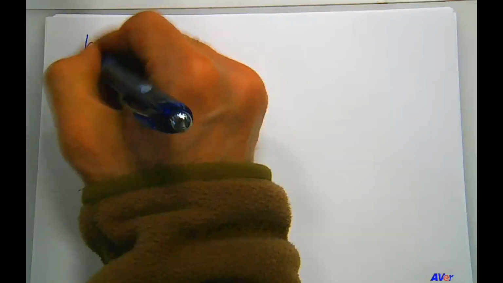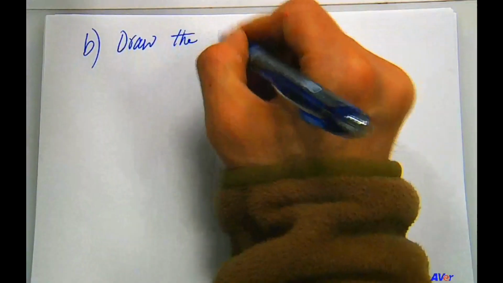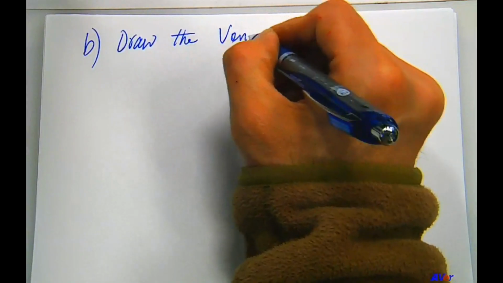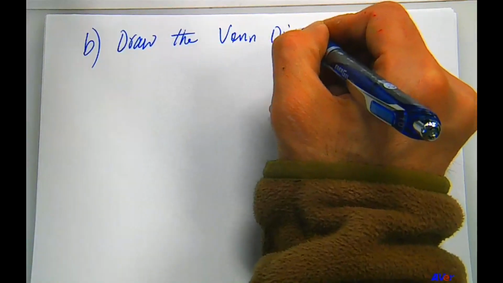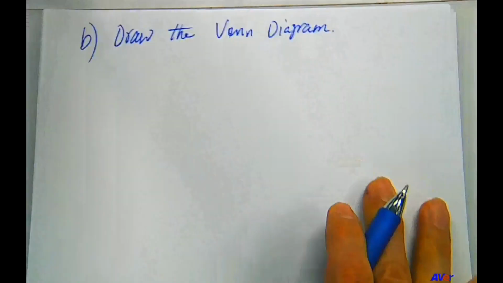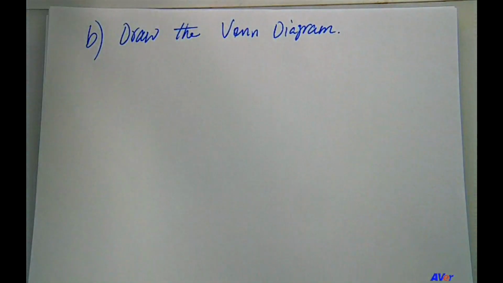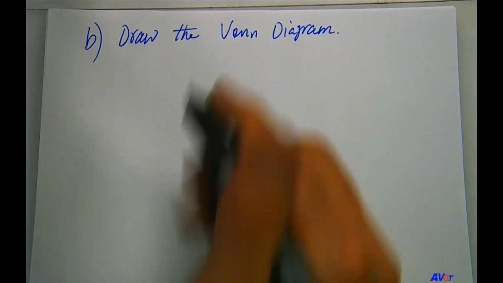Okay, so let's call part B for us to draw the Venn diagram. We have 2 subjects that are being taken up by these students.